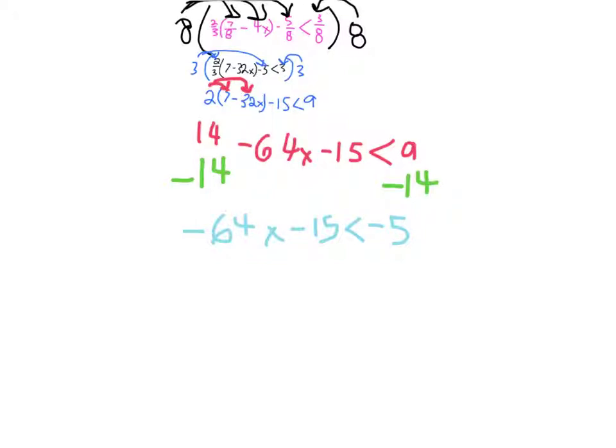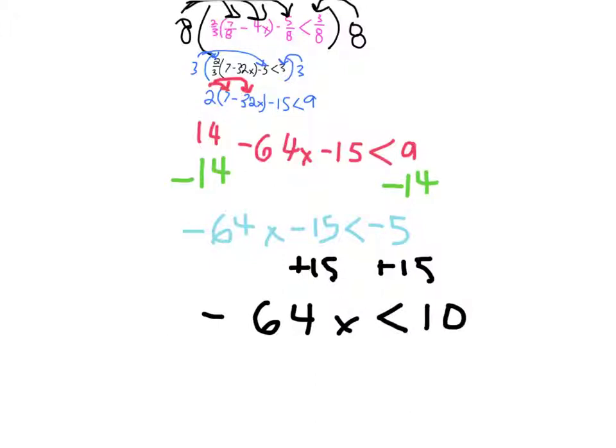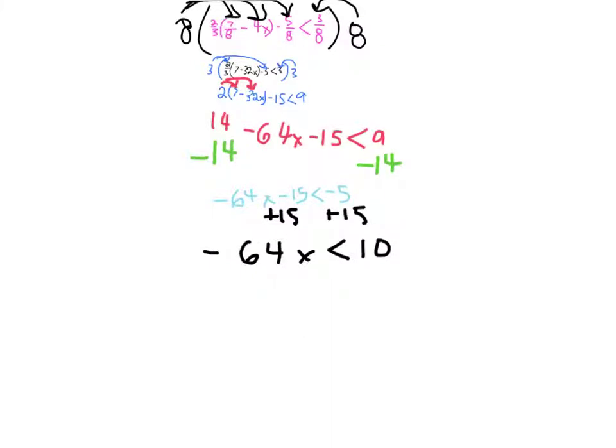Next, we'll add 15 onto both sides. So now we have negative 64x is less than 10. The next step would be to divide by negative 64, further isolating the variable.